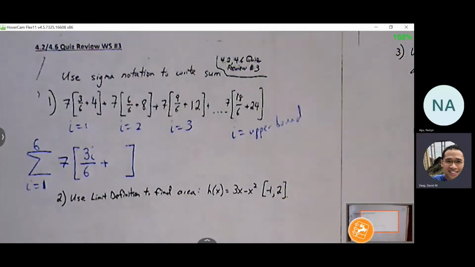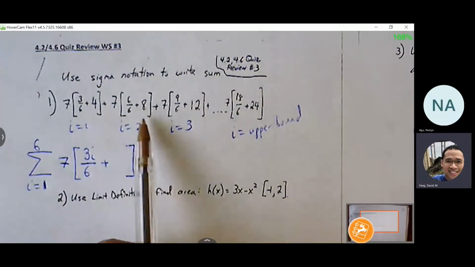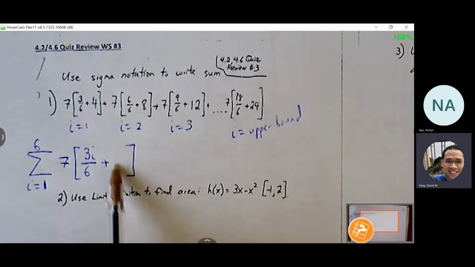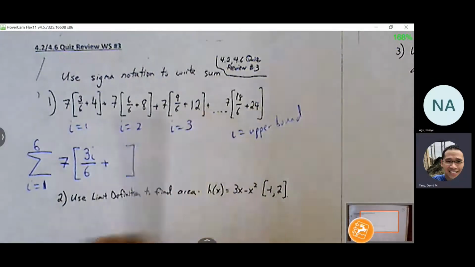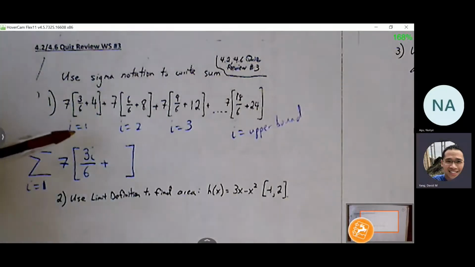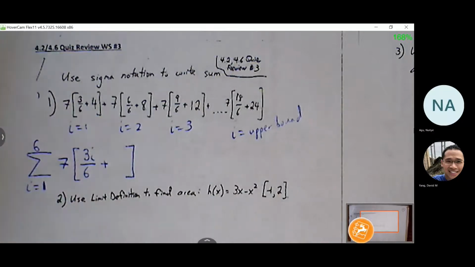Okay, good so far. So now we got to figure out 4, 8, 12, all the way to 24, what can we put here that will allow this pattern to show up? Any idea? Say it again. 4i.